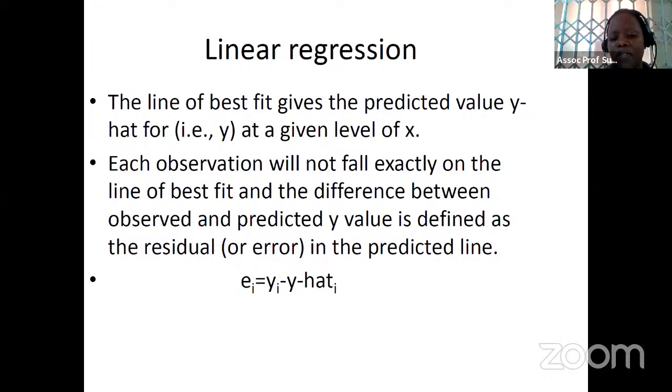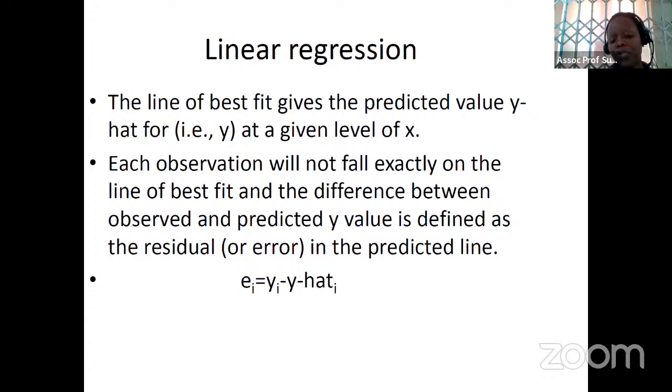The line of best fit, which we'll see later, gives the predicted value y hat at any given value of x. Each observation will not fall exactly on the line of best fit, and the difference between the observed value, the response, and the predicted value from the line of best fit is known as the residual, which is denoted as e or epsilon.